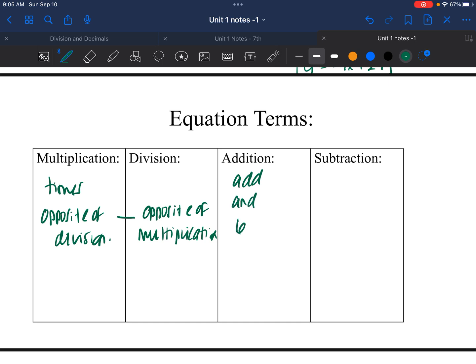So 6 and 7, you're adding them together. And it's the opposite of subtraction, and subtraction is the opposite of addition. So these are just important for us to note what our opposite thing is, so that when we are evaluating our linear expressions, we do them correctly.